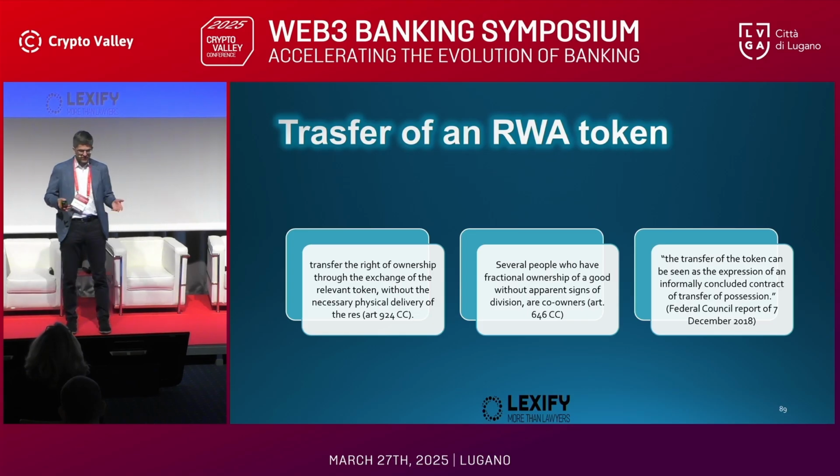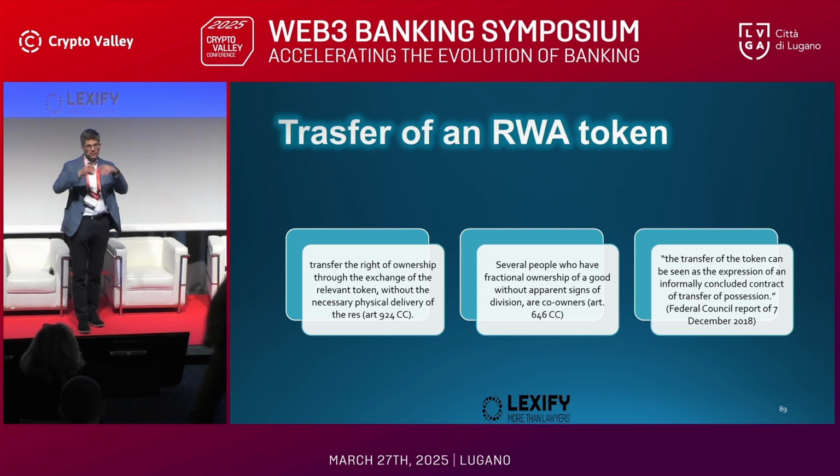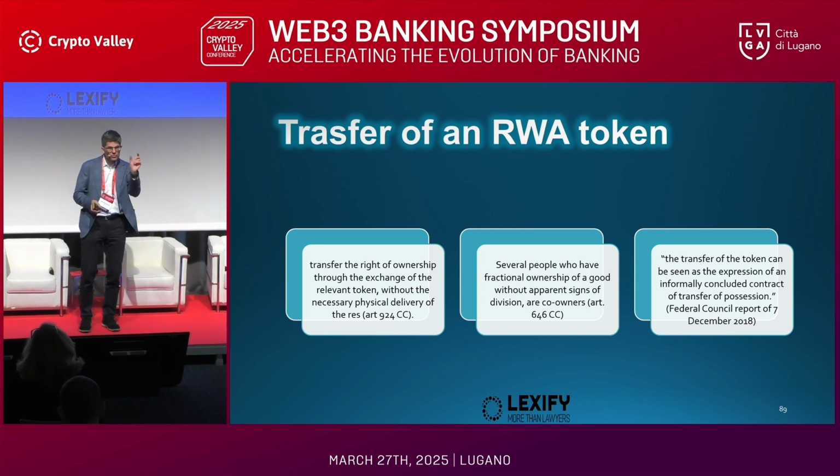Then, as said, we can have co-owners of these assets. So every token represents a percentage of the assets or a specific part of the assets. That's also something that we do for art. If you have a painting, you can choose which part of the painting you want to tokenize.